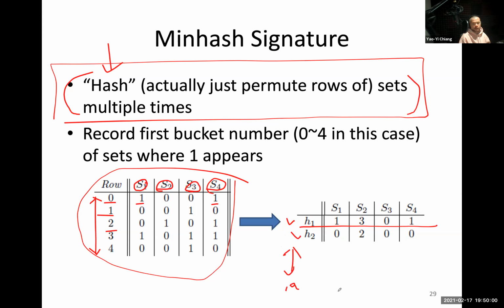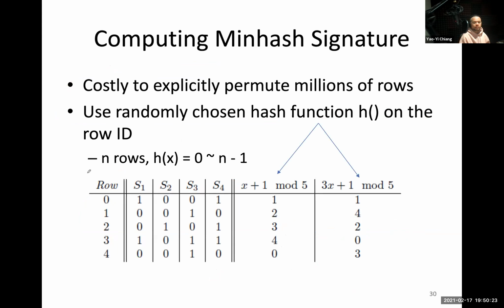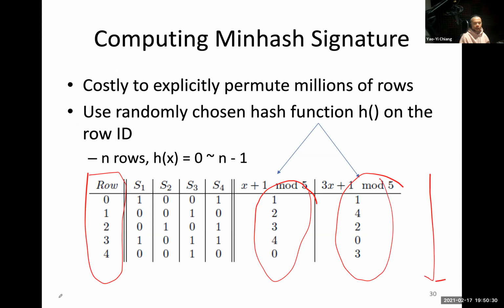You have 100 signatures to represent an item that you want to compare. 100 signatures might sound like too many, but compared to your original data set with 14 million sets, it's a much smaller set that you can compare. So if we look here, this is your original row ID. You can permute your row ID and you scan the table once to generate all the signatures with one scan of the entire matrix. And we're going to talk about this next time.